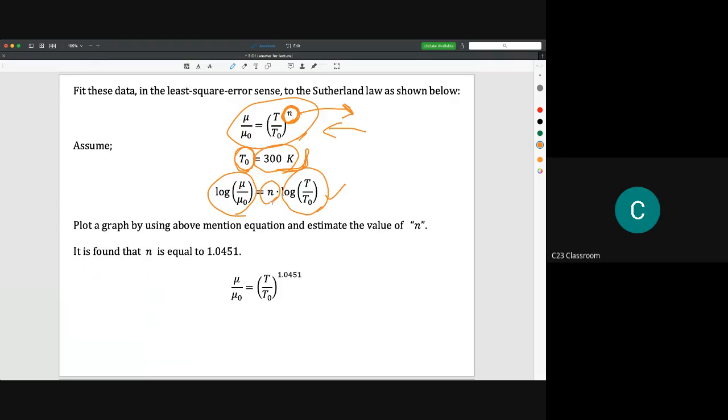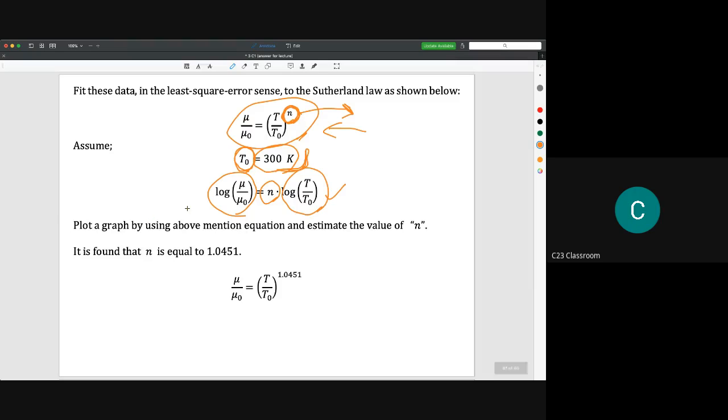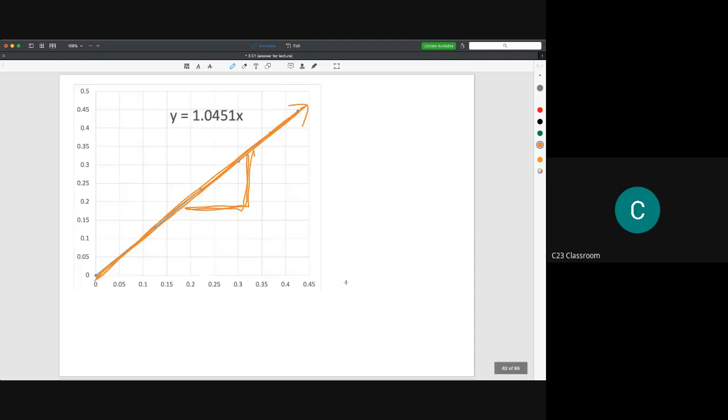If you plot this graph, you will have a straight line, almost straight, and you take the gradient as the value of n according to this equation. So now your equation becomes like this one with the power of 1.0451.